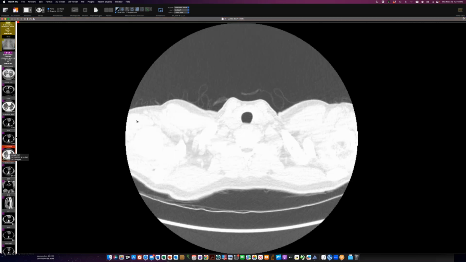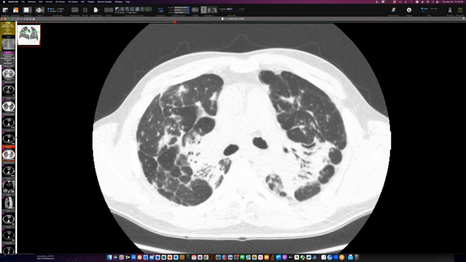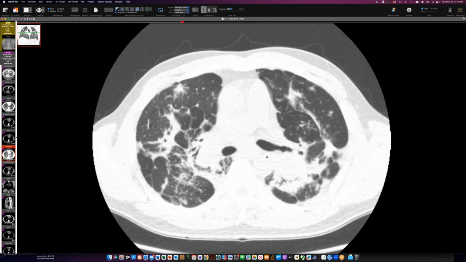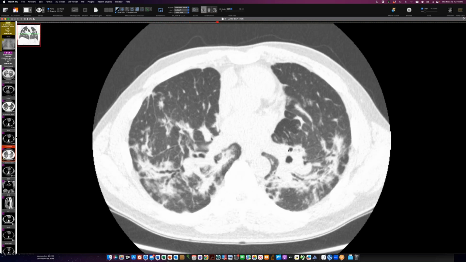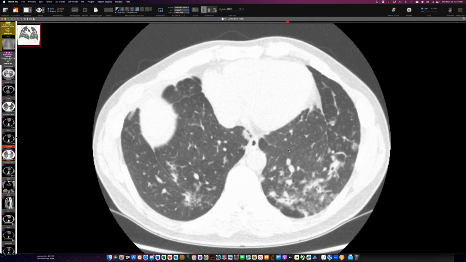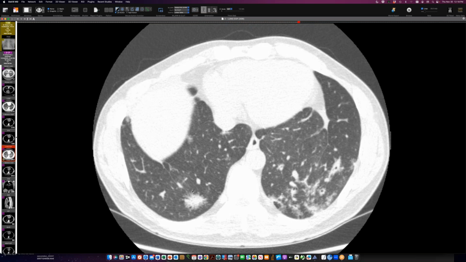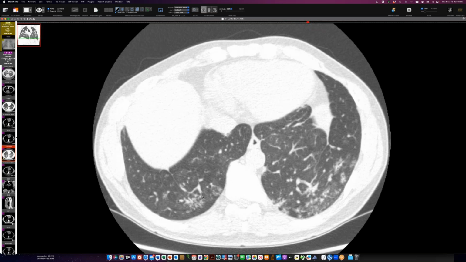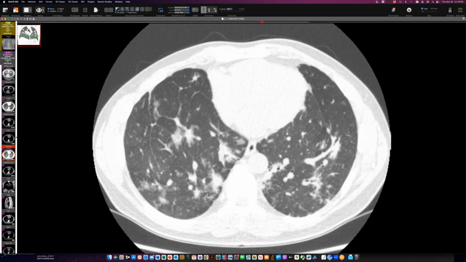And this is a case of progressive massive fibrosis, this symmetrical scarring in the lungs along the posterior aspect of the major fissures. And then we have some interesting lesions in the bases here. We've got some very nice examples of the galaxy sign, these little clusters of tiny nodules with a denser center. So very nice galaxies down here.